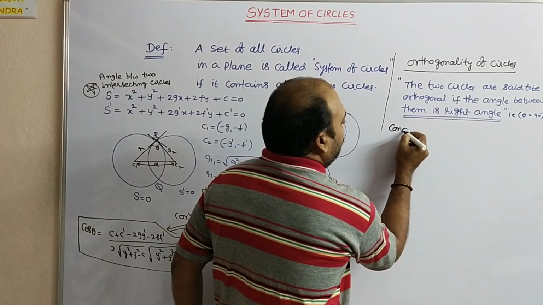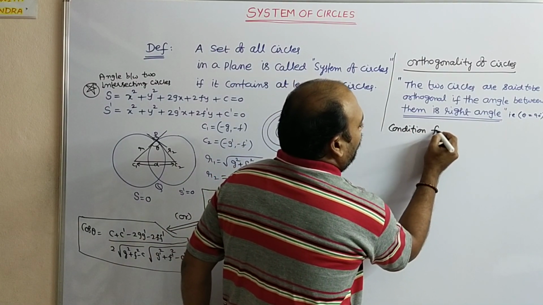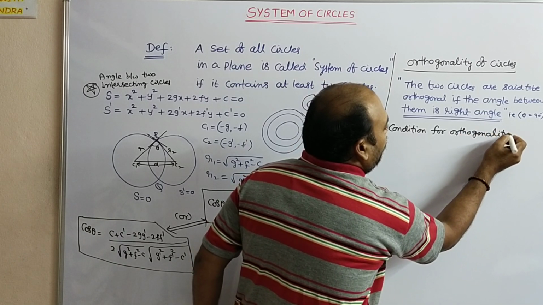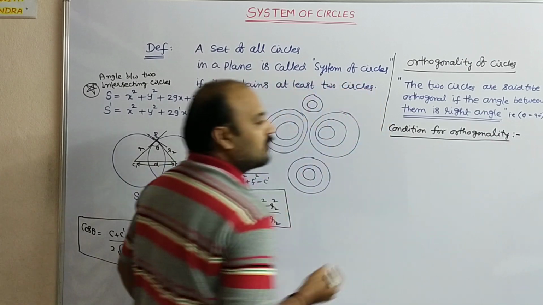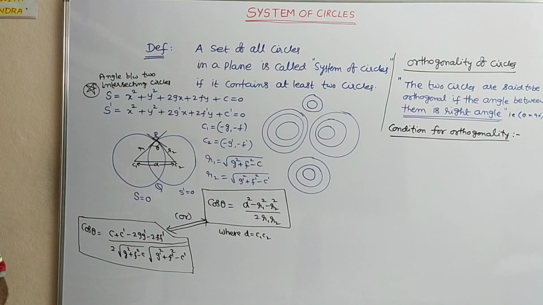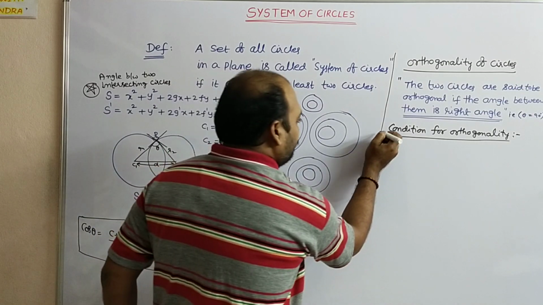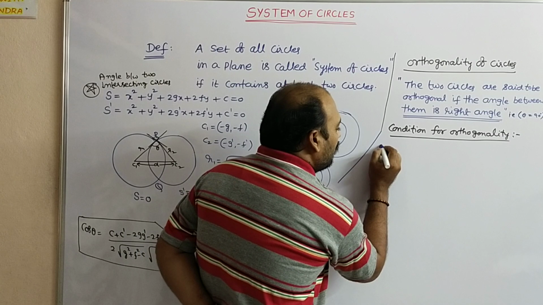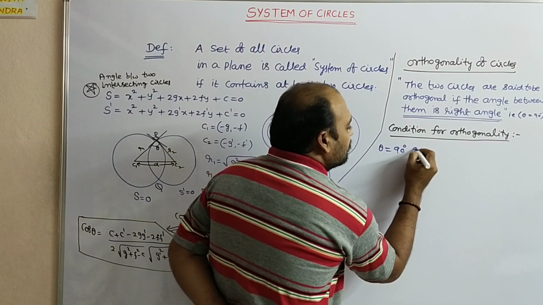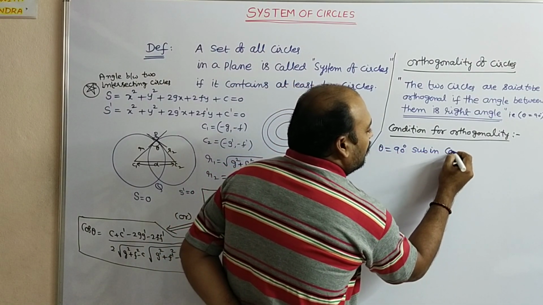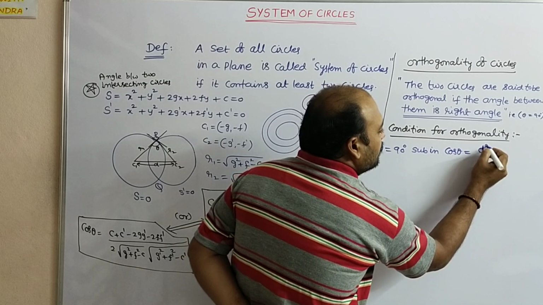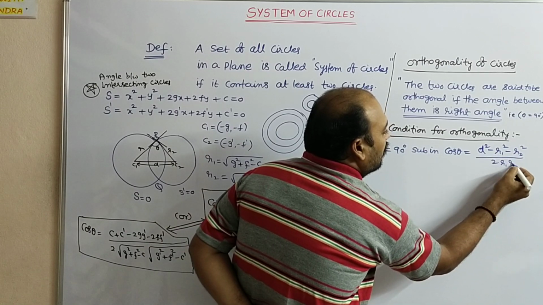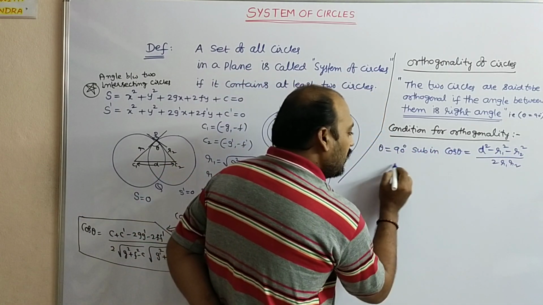What is the condition for the two circles to be orthogonal? In the formula cos theta equal to d square minus r1 square minus r2 square divided by 2 r1 r2, substitute theta equal to 90 degrees.